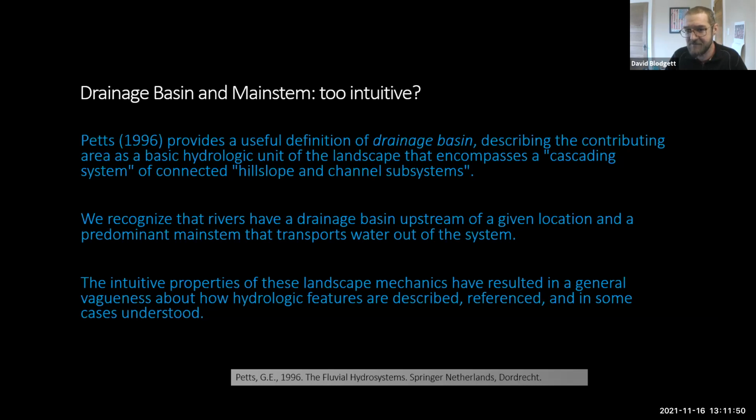That's a drainage basin made up of catchments that connect in an upstream and downstream direction. A hill slope and channel subsystem, that's a catchment. The cascading system is a drainage basin.